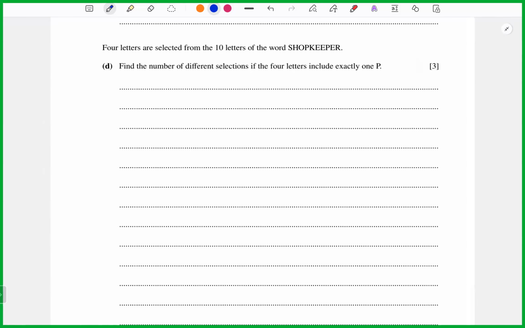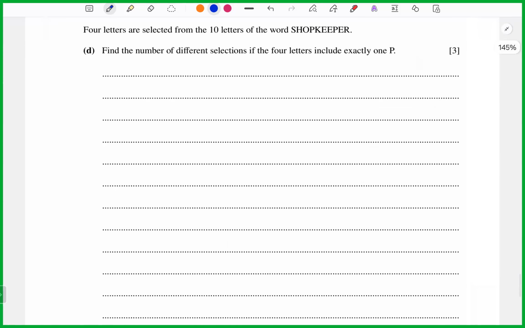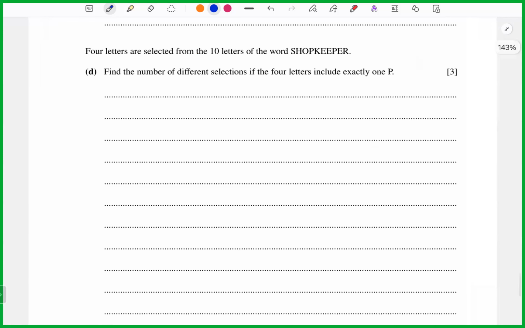Please don't make this big mistake in your exams. And then you see the keywords here. We already know 2Ps, 3E, S, H, O, K, R. So we have these letters, and the question says exactly 1P. So we take 1P, and then we take 4 letters.